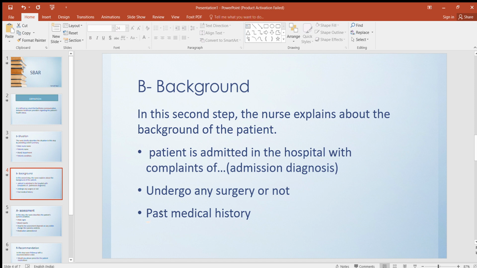If the patient has undergone any surgery, if it is applicable, then we have to write the specific surgery, and the past medical history. In this background, the patient's medical background is explained, mainly with the admission diagnosis.